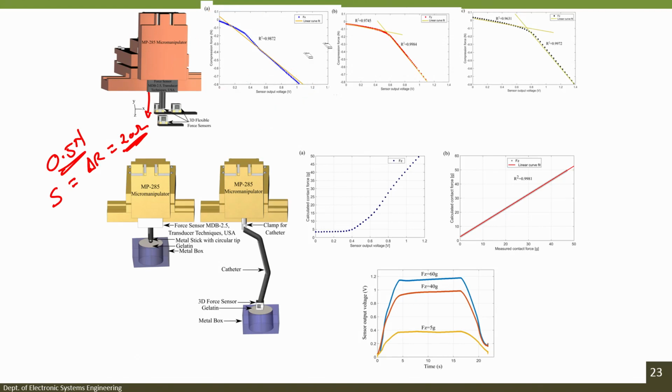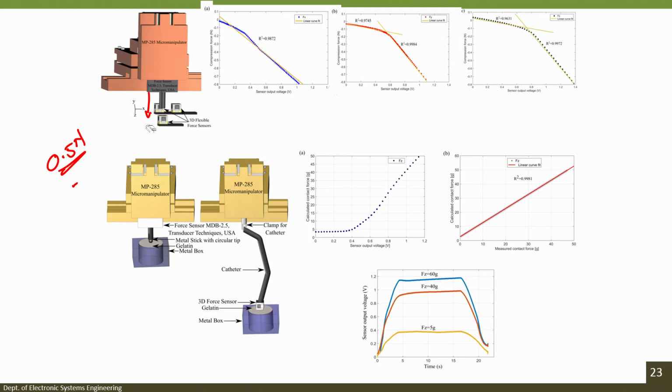Same thing when you are applying it in the y direction and z direction. So, x, y and z, and every time you have to fit it, and the fitting values are close to 0.98, 0.99 and 0.997, that is the R square value, and thus it is a linear fit.